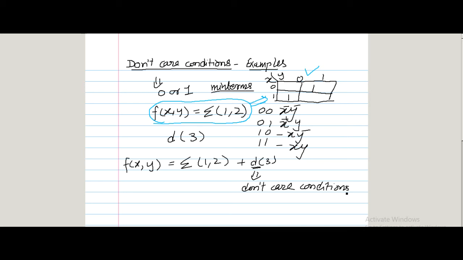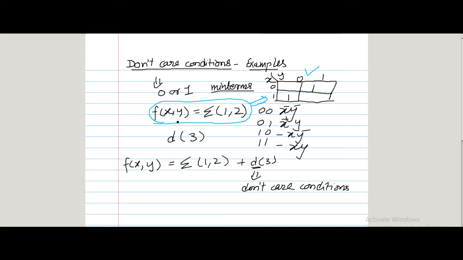For the don't care condition, as I told you in my previous video and today itself, for the minterms for which we don't care whether we put 0 or 1, we will put 1 if we want to evaluate the expression in sum of products.